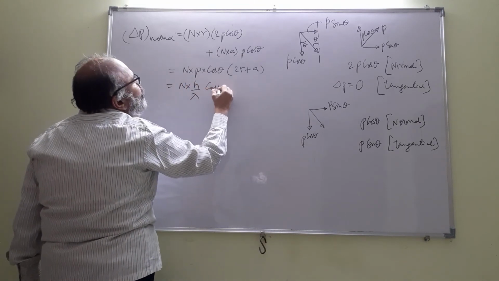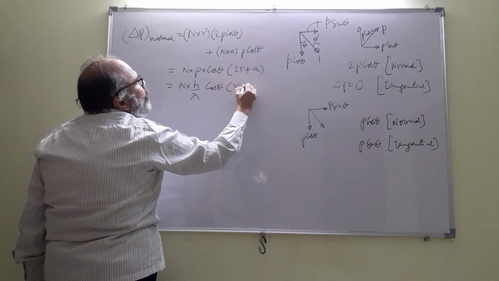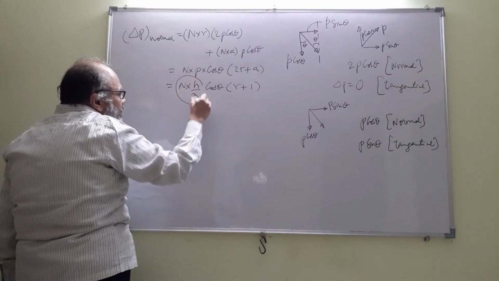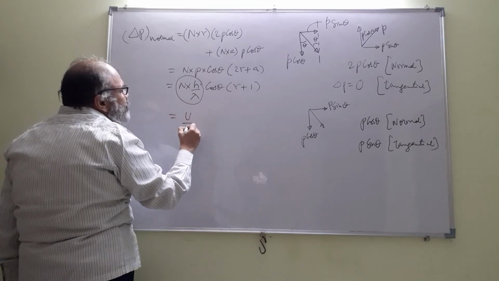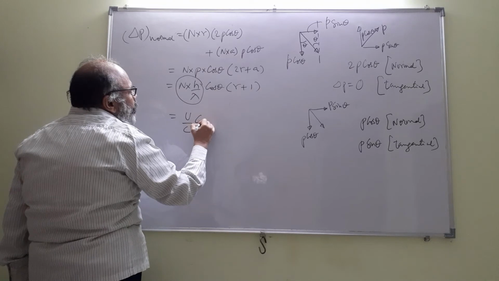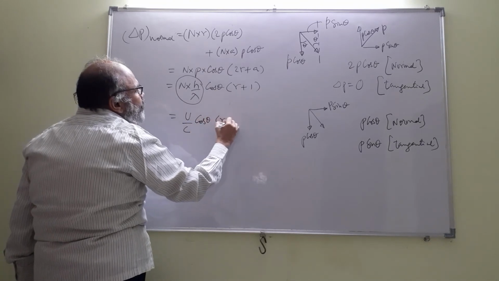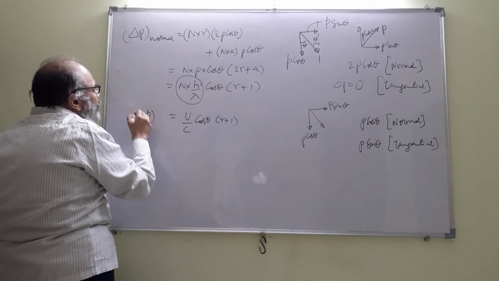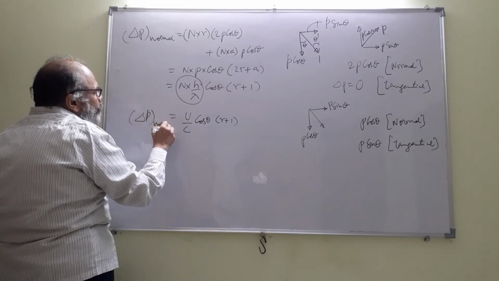This is cos theta, r plus a is 1, so you will have r plus 1, and nh by lambda is nothing but u by c. So u by c into cos theta into r plus 1. That will be the change in momentum in the normal direction.